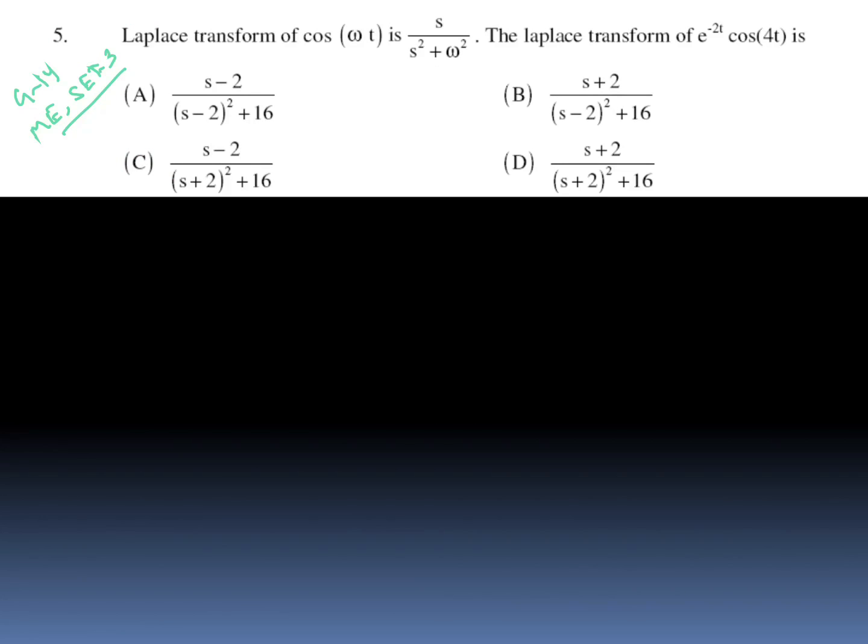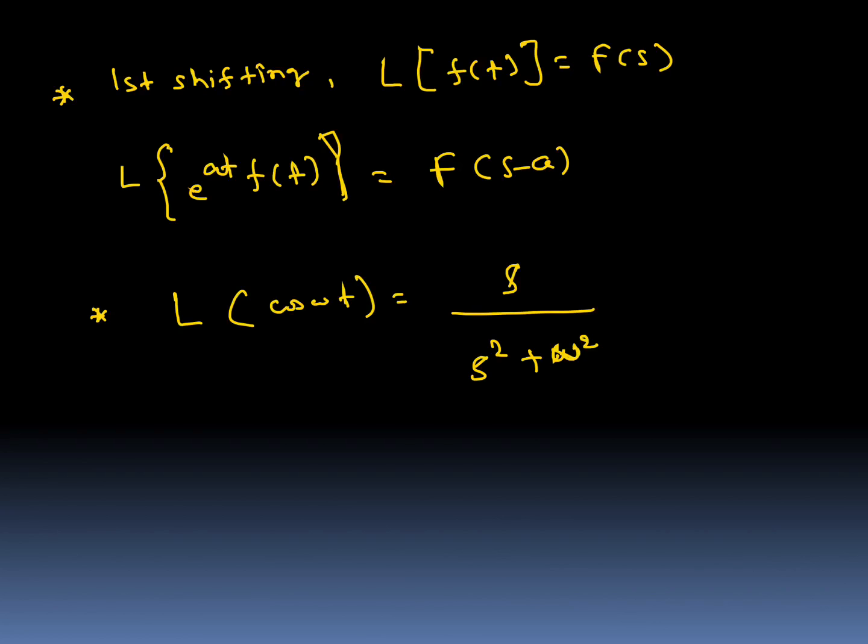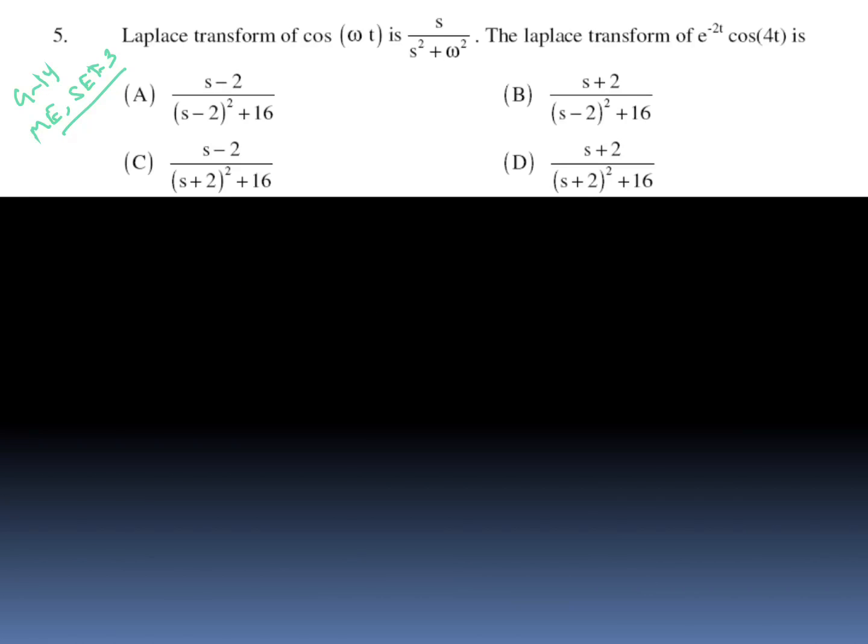This is a GATE 2014 question, mechanical set 3. Given Laplace transform of cos omega t, we have to calculate the Laplace transform of e to the power minus 2t cos 4t. From the first shifting theorem, we know if Laplace of f of t is F of s, then Laplace of e to the power at f of t is F of s minus a. And from the cos omega t formula, Laplace of cos omega t is s by s square plus omega square. In this question, a is minus 2 and omega is 4.